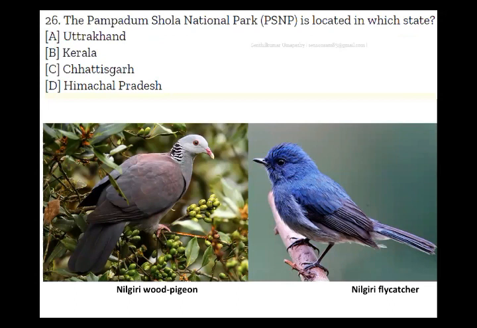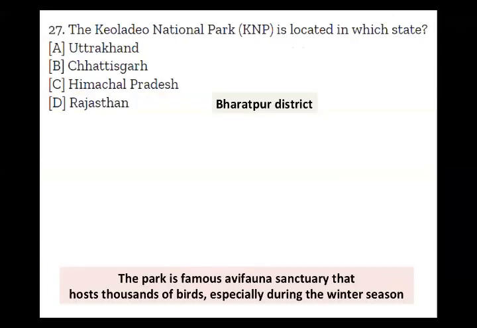In this national park, some notable species are found which are very rare, and I would say endemic to the zone: the Nilgiri wood pigeon and the Nilgiri flycatcher. This national park is also characterized by montane shola vegetation. Shola vegetation is a very typical vegetational structure found in India. You won't find it anywhere else in the world, so it harbors these species.